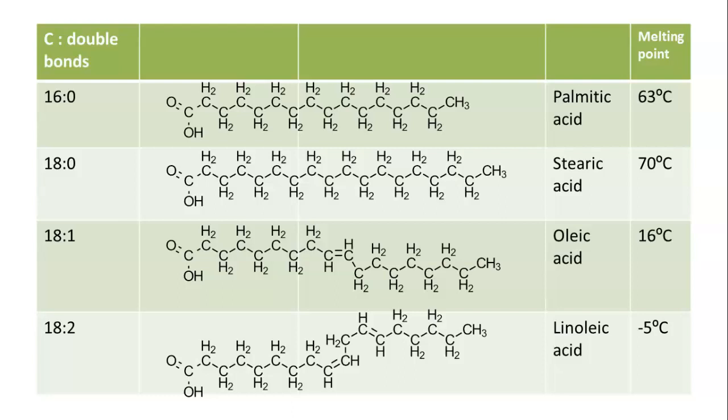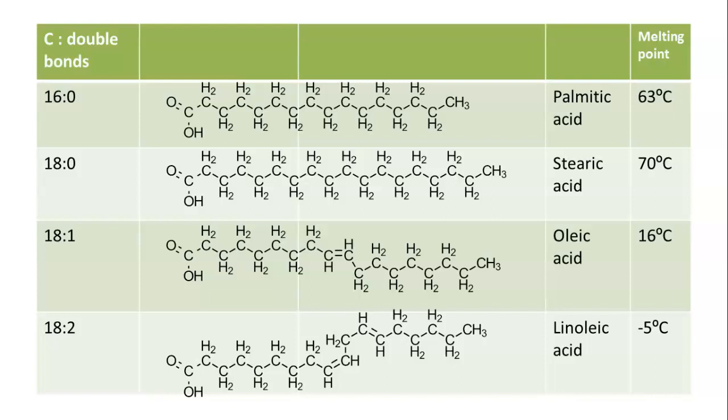The last one down there says it's linoleic acid. It's got 18 carbons. It's got 2 double bonds in it. So this is going to be a polyunsaturated material. Melting point is -5 degrees Celsius. -5 degrees Celsius is going to be colder than the temperature inside of the freezer on top of your refrigerator.